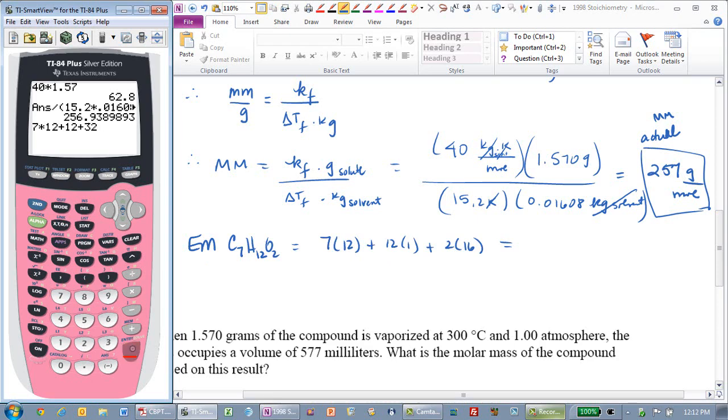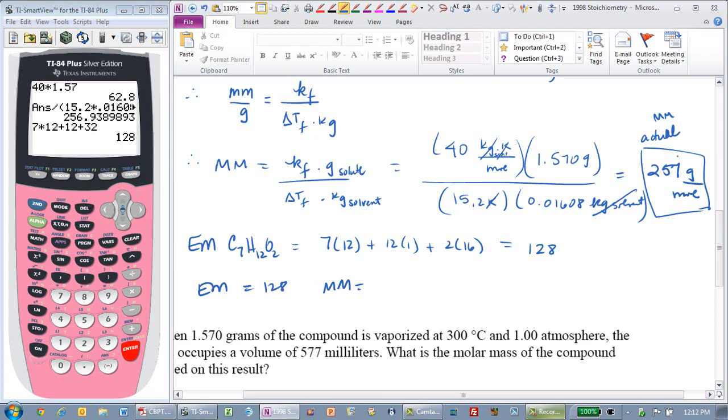I can do that part in my head. And I get 128. Is there a relationship here? Yes, there is. Let's do it the other way around. This is an easier way for you to understand it. Empirical mass is 128. Molar mass was determined to be this 257. That's really close to twice, isn't it?